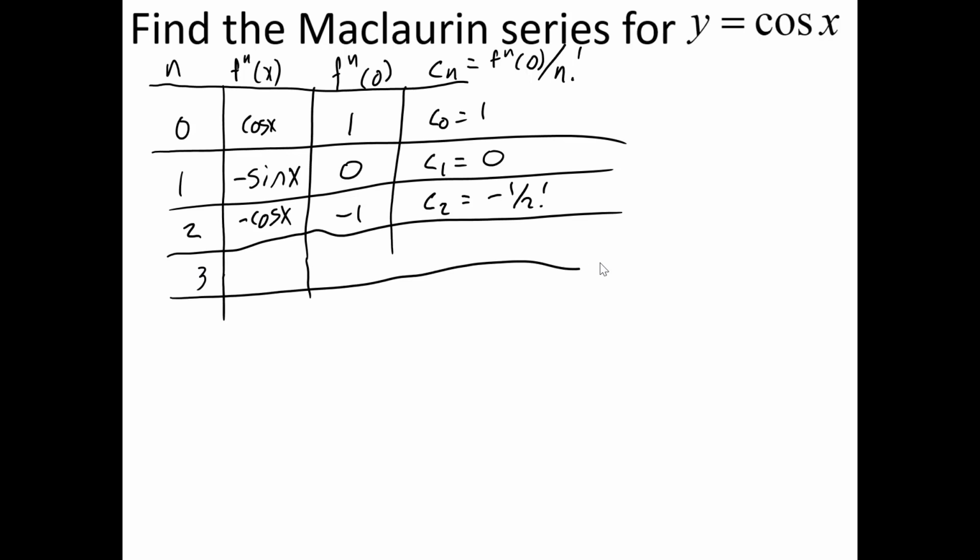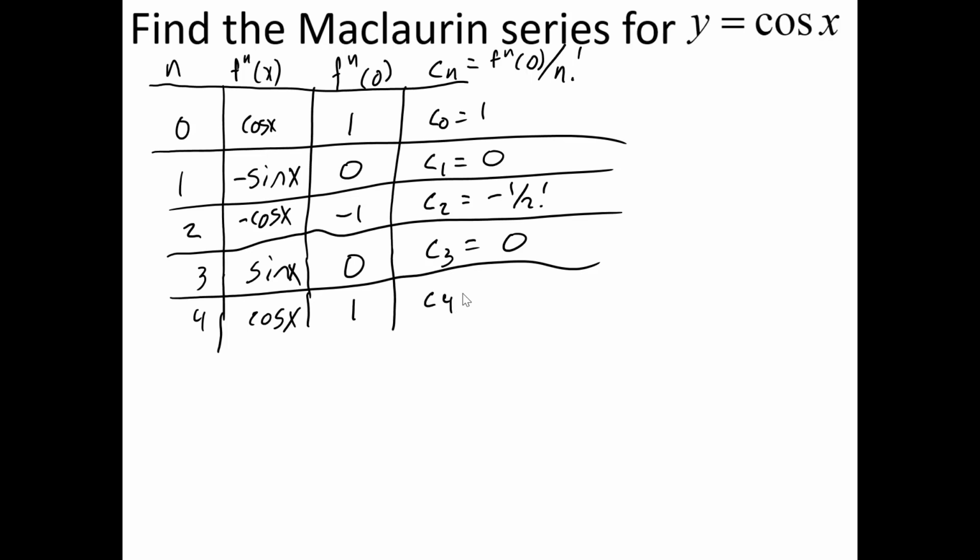When n is 3, you get the sine of x. Sine of 0 is 0, and so then your C3 is 0. And when n is 4, you end up back at the beginning, cosine of x, and then plug in 0, you get 1.